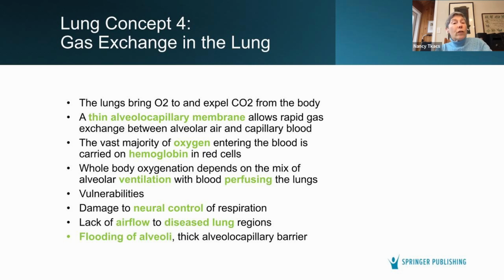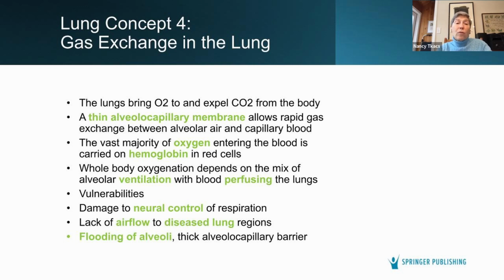Moving on to the fourth lung concept, we're talking about gas exchange in the lung. The whole job of the lung is to bring oxygen into the body and expel carbon dioxide. In order to do that, you have to drill down all the way to an individual alveolus and talk about how there's this very, very thin alveolo-capillary membrane between alveolar air and pulmonary capillary blood, or alveolar capillary blood.